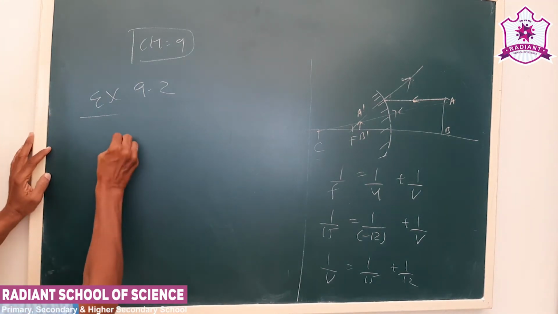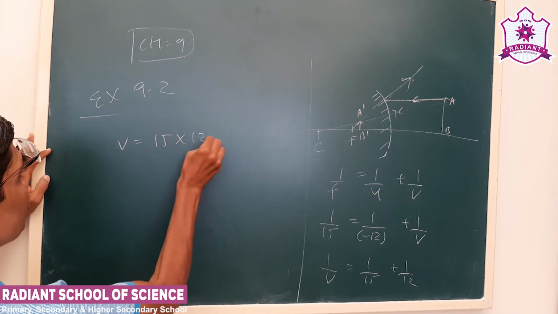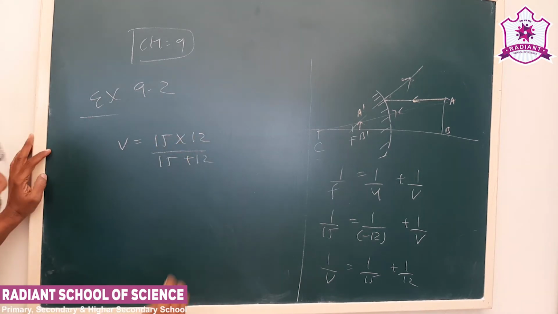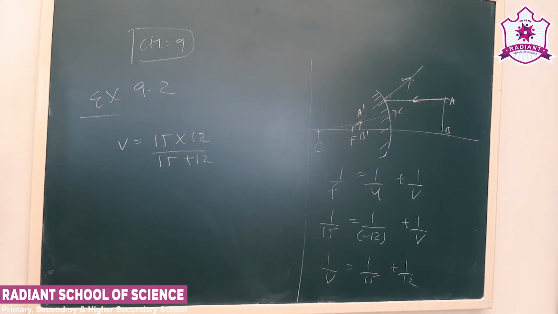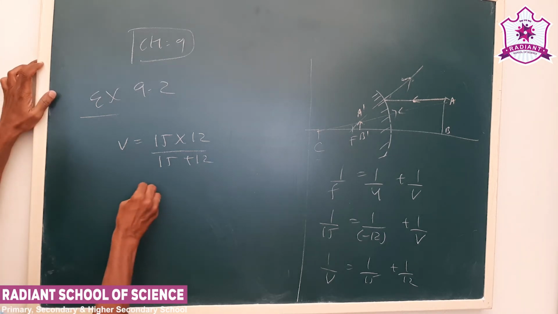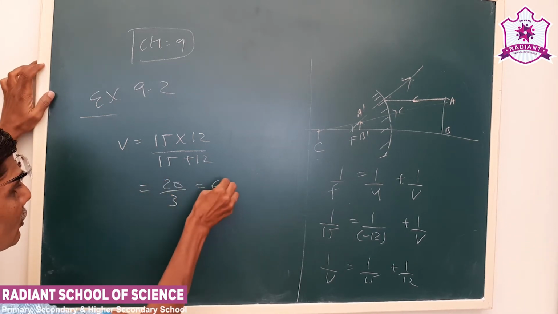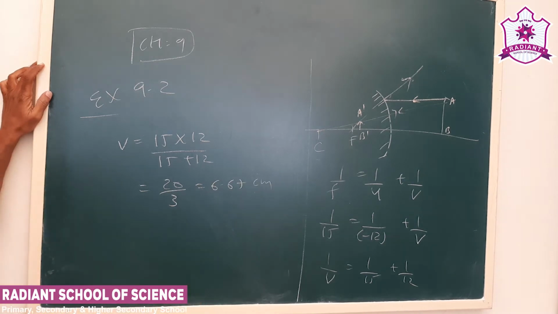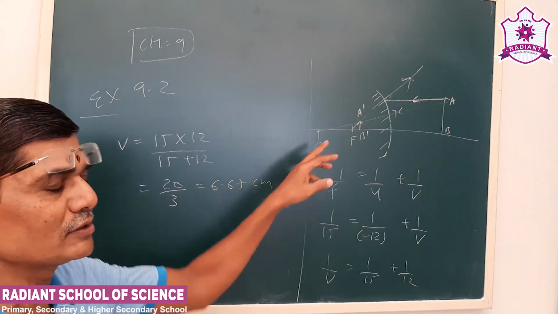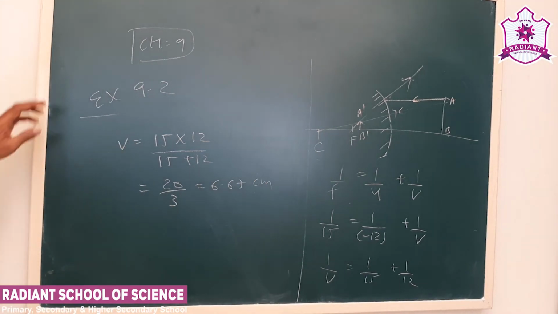So v will be equal to, now if we solve this, we'll get 20 by 3 or 6.67 centimeter. Okay. Now see, image distance is positive. Okay, that is in accordance with our convention.